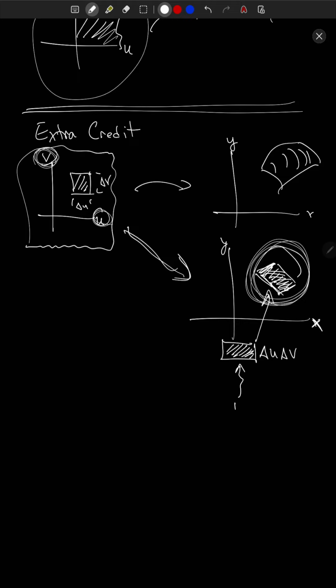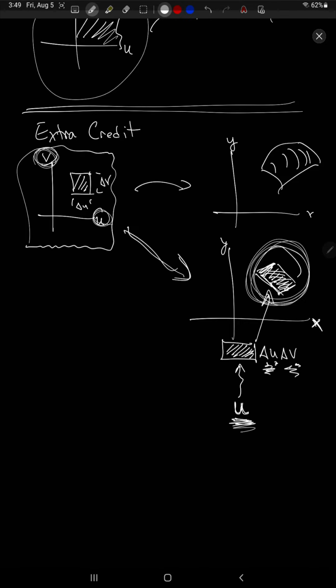What you should have gotten was a u right here. If you didn't, it might be a good idea to go back and take a look at that problem and write it out. Make sure you get a u, because that's literally another perspective of where the r dr d theta comes from. So u and v are the r and the theta for that problem, and what you should have gotten was r dr d theta.